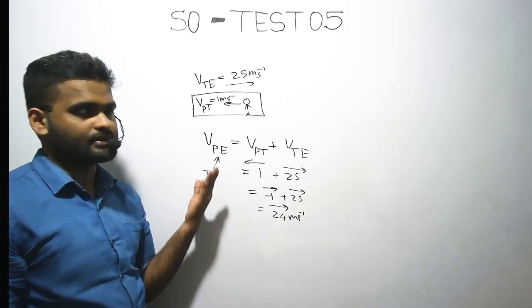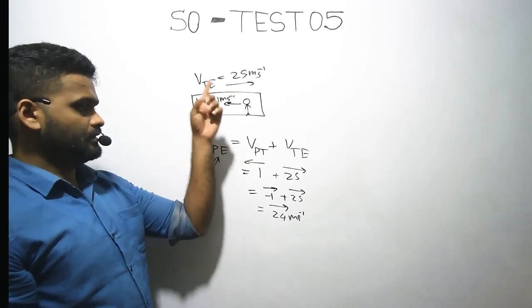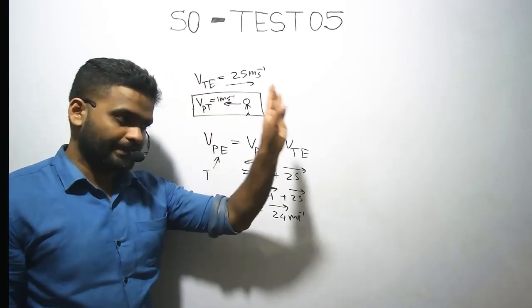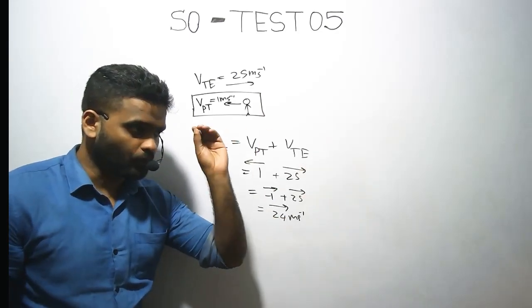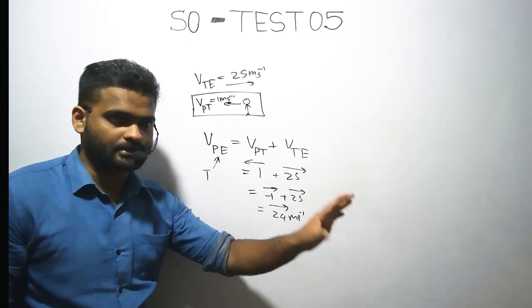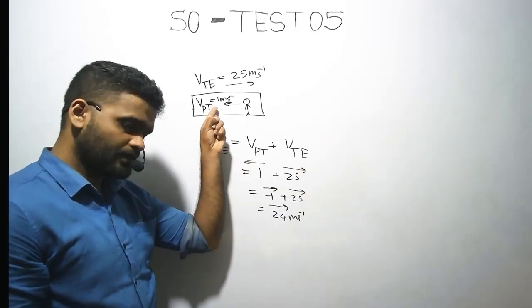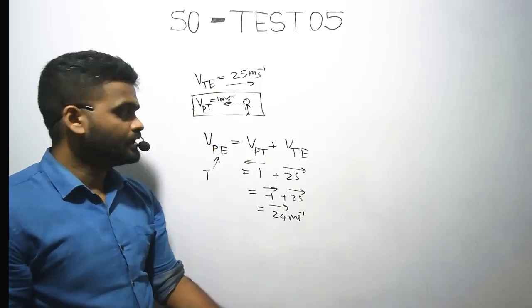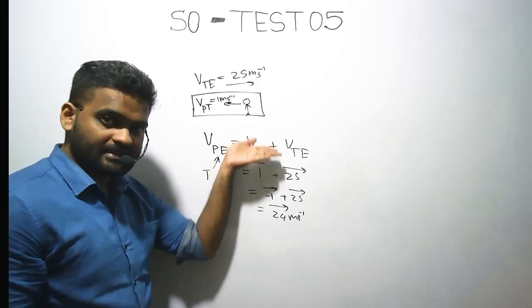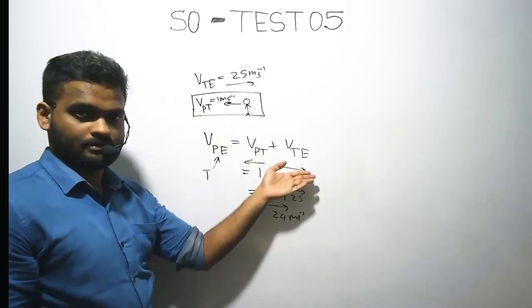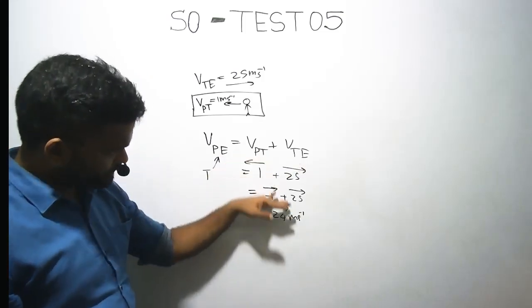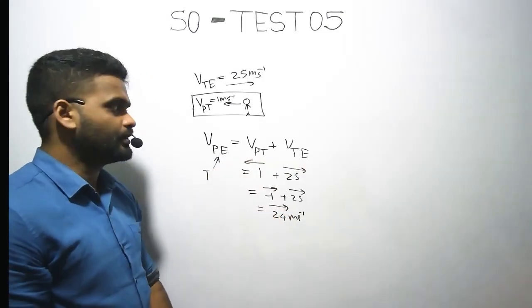Do you notice the difference? Don't apply the previous one. Those can be applied only if all those velocities are relative to Earth. But here there is one velocity that is not relative to Earth. So you have to start from the basics, this equation. Then you can simplify and get the answer 24 meters per second.